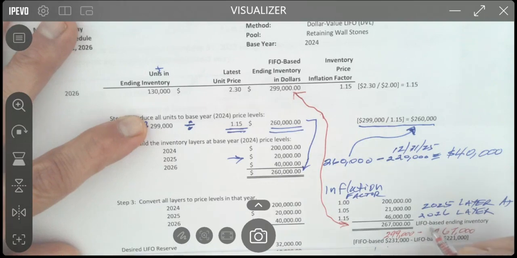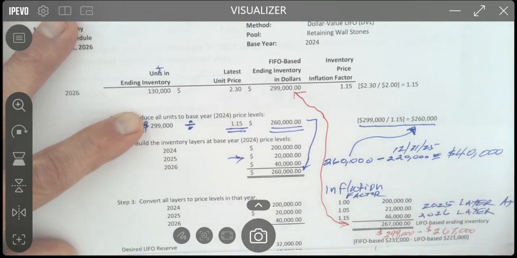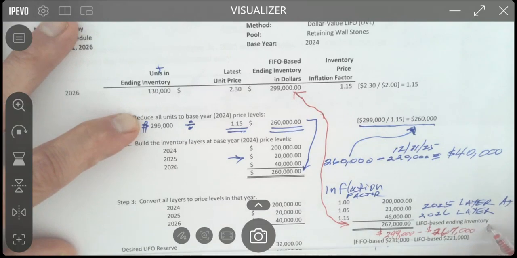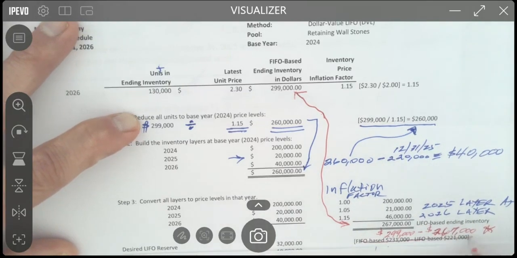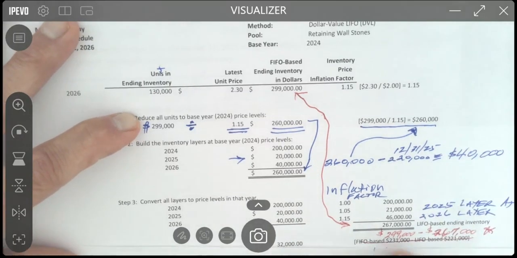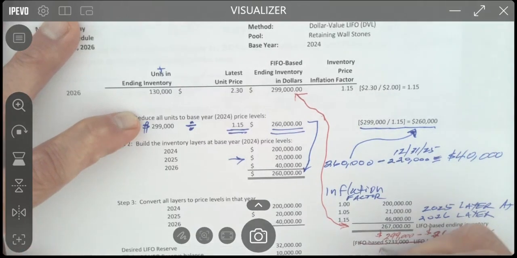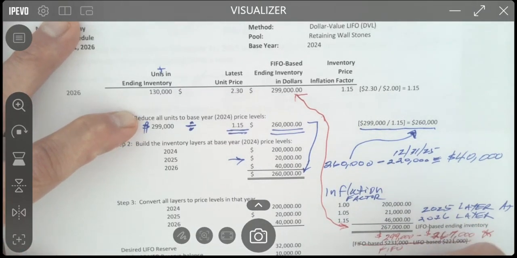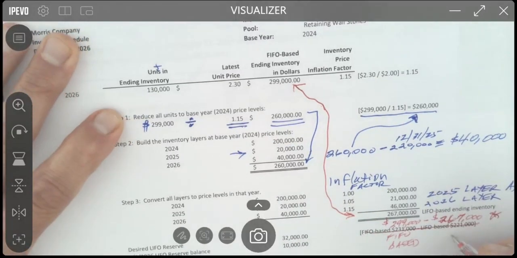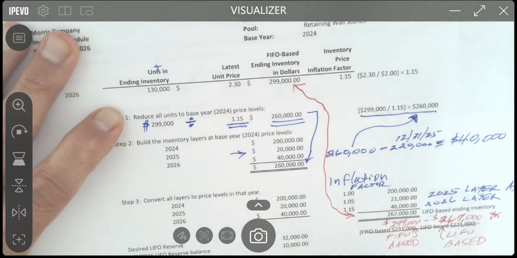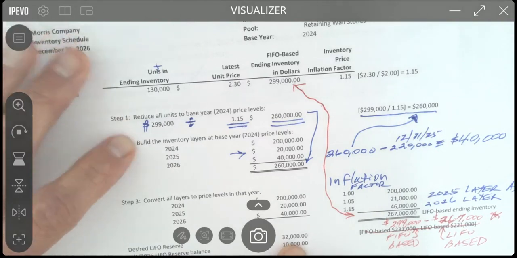Be better than me in the real world at reviewing your own work. So it is FIFO based, and LIFO based. And so we want 32,000.